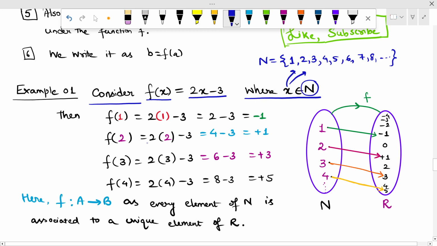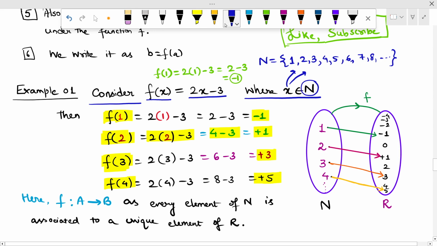In case of f of x, if we put x equals 1, we get 2 times 1 minus 3, which is 2 minus 3, giving minus 1. So f of 1 is minus 1. f of 2 is 2 into 2 minus 3, which gives 4 minus 3, which is plus 1. Similarly, f of 3 is plus 3 and f of 4 is plus 5, right?